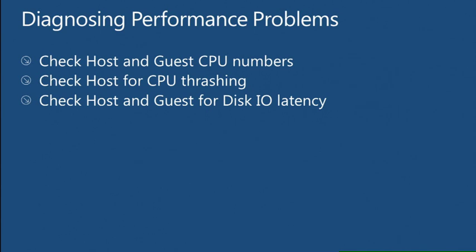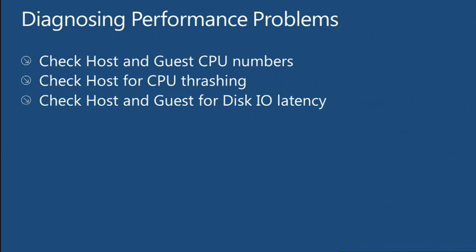A problem that I have seen is I'll log onto a client's virtual machine and look for performance problems, and everything looks fine. I'll look at the CPU on the virtual machine, and the CPU looks fine, 10, 15, 20%.